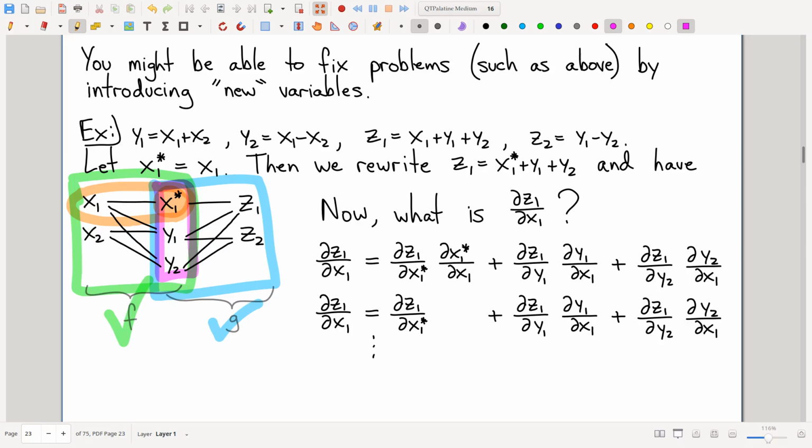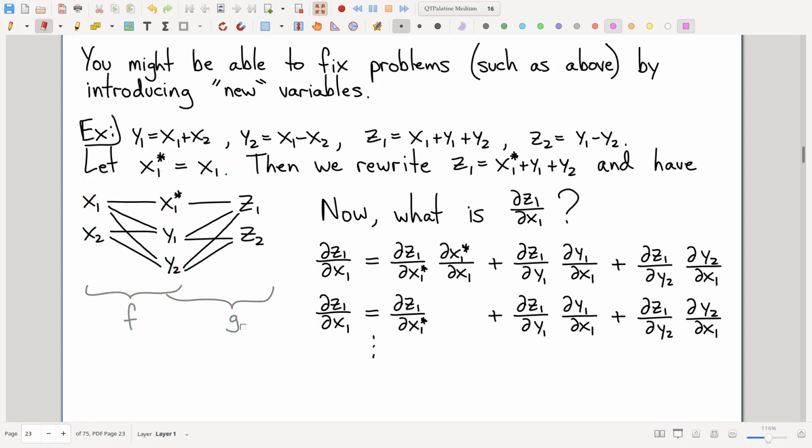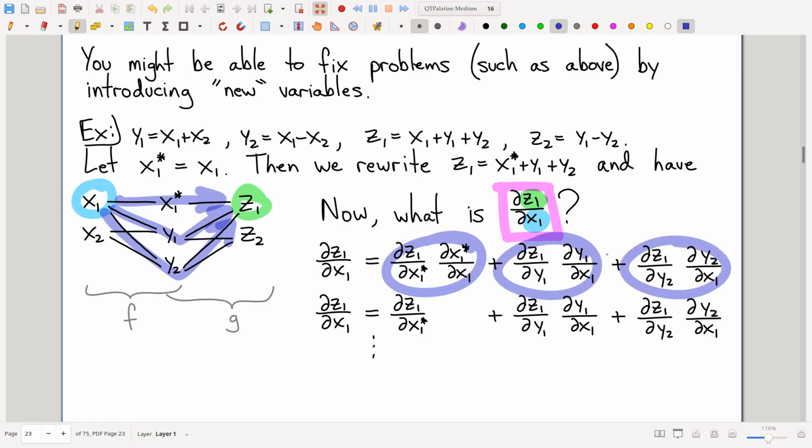We can just write down the chain rule, and the thing that we're interested in, reminder, is partial of z1 with respect to x1. Okie dokie. Well, z1 is there, and x1 is there, and I have three paths that therefore give me three terms, and everything's fine and answered.